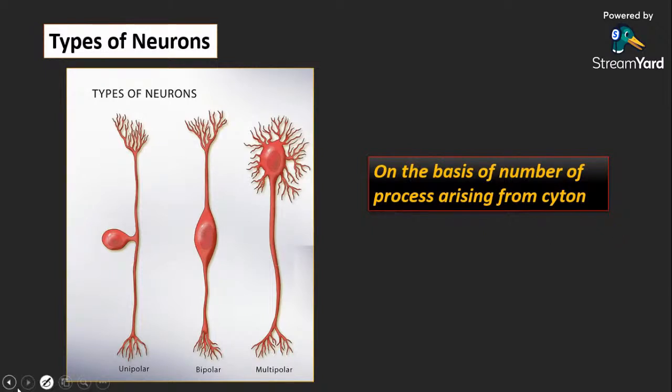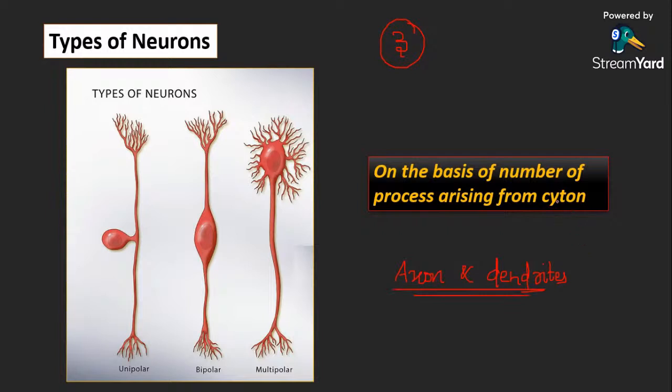Next, we have to learn about the three different types of neurons. There are mainly three types of neurons based upon the processes arising from the cyton, that is, based upon the number of axons and dendrites. They are the projections, right?